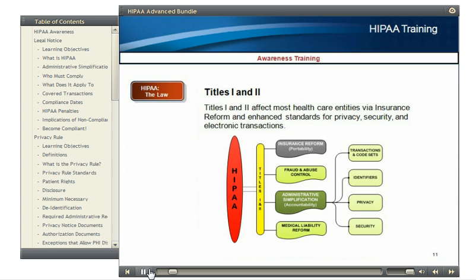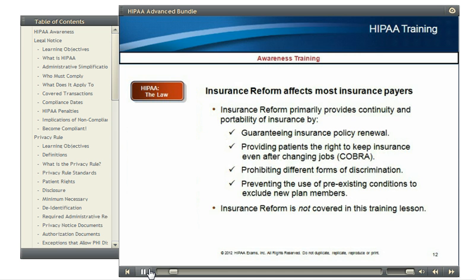Titles 1 and 2. Titles 1 and 2 affect most healthcare entities via insurance reform and enhanced standards for privacy, security, and electronic transactions. Insurance reform affects most insurance payers.